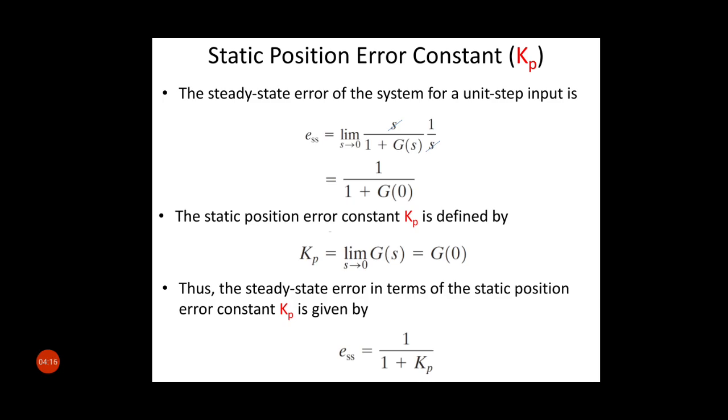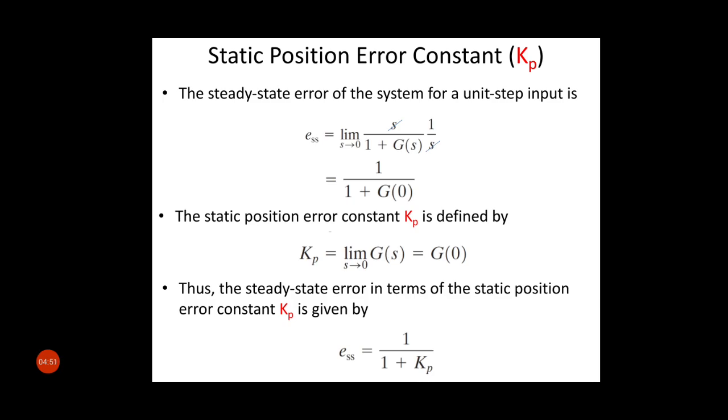Here we have considered a unit step input, so r(t) equals u(t), and transforming, R(s) equals 1 by s. So ess equals limit s tends to 0 s divided by 1 plus G(s) into 1 by s.